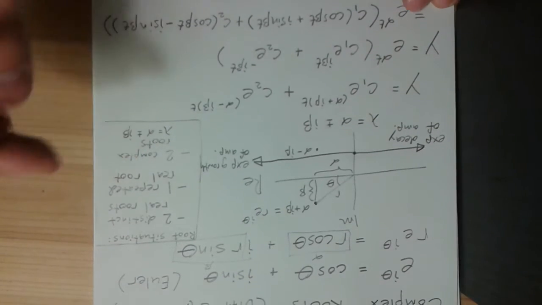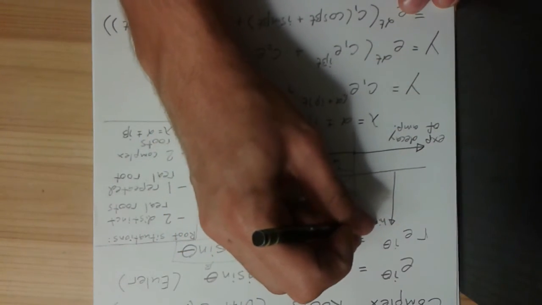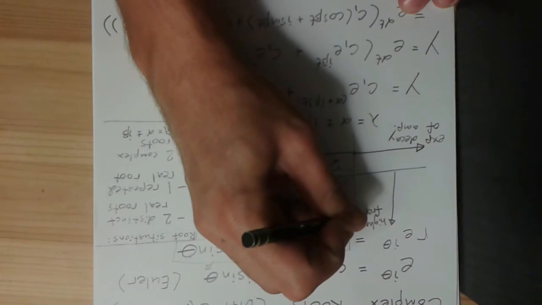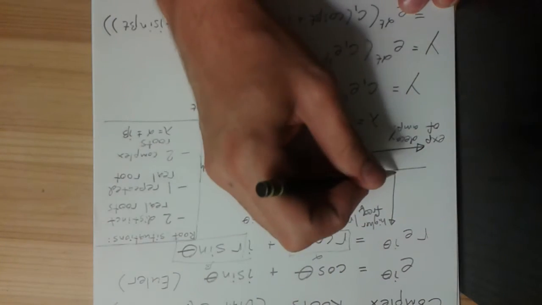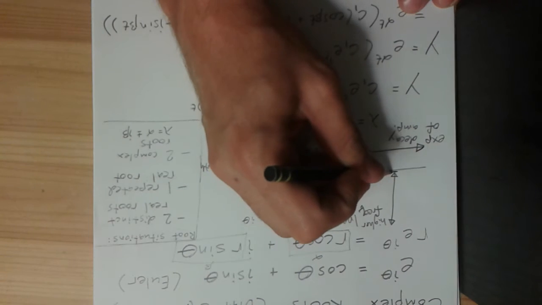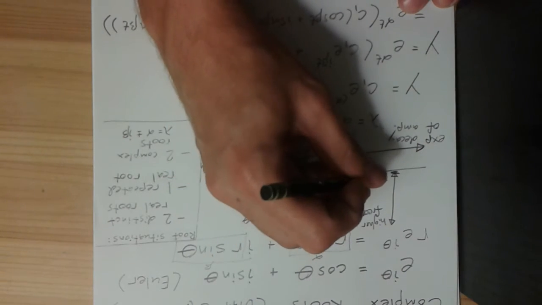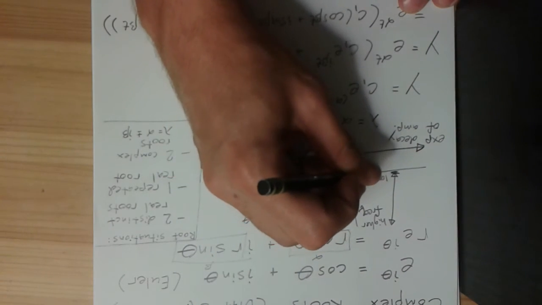So, moving up, this would be higher frequency, and then moving down to 0 here, this would be lower frequency.